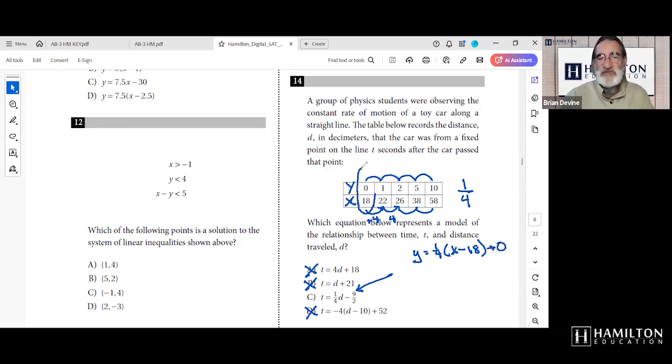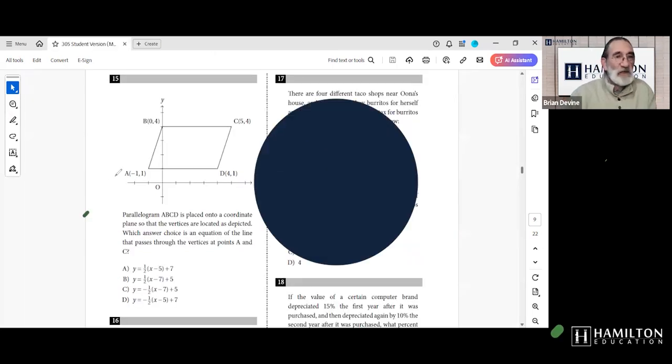So I use the point slope form, and I use that point as a dt or xy point on this line. So y equals 1/4 x minus 18 over 4, or y equals 1/4 x minus, reduce 18 over 4 to 9/2, and C is definitely the answer.